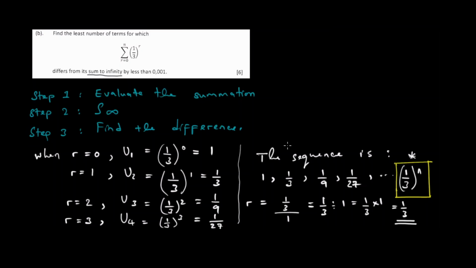So when we mathematize it, it is the sum to infinity subtracting the sum of n plus 1 terms, and it should be less than 0.001. Find the least number of terms for which that evaluation differs from its sum to infinity by less than 0.001.